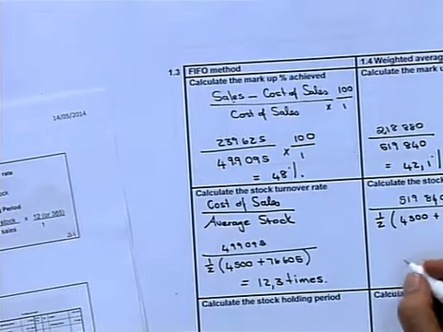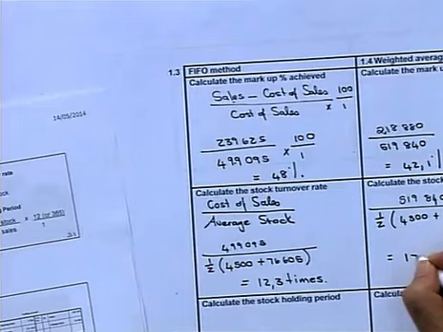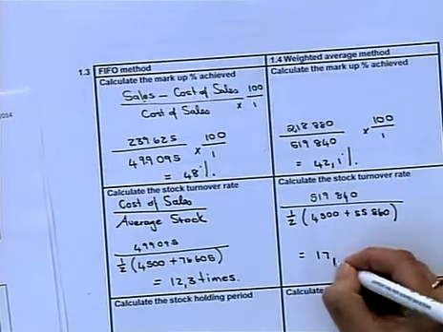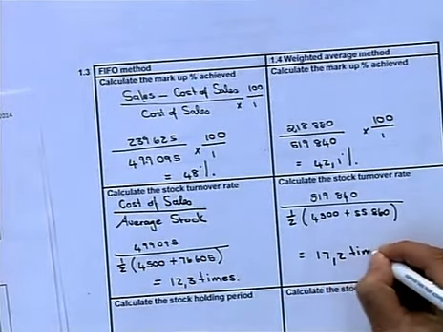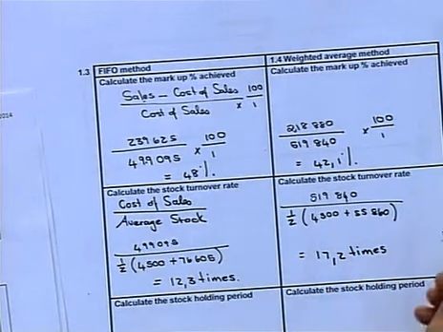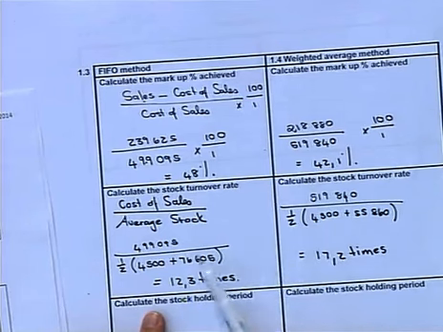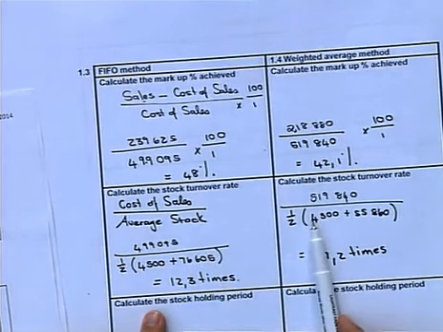And that's going to give me 17.2 times. Again, what is fascinating is it's the same information and it gives you different values. And again, a business will have to decide what works best.